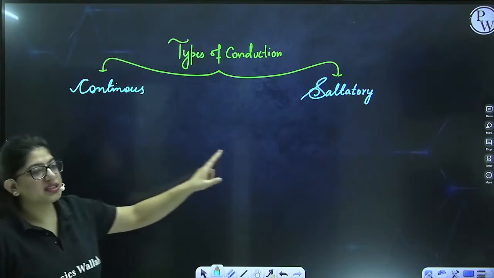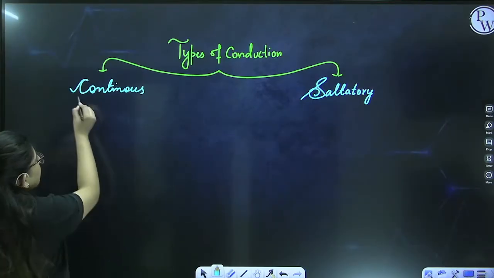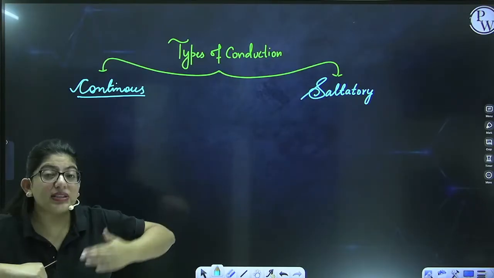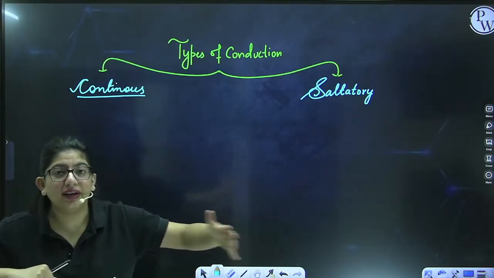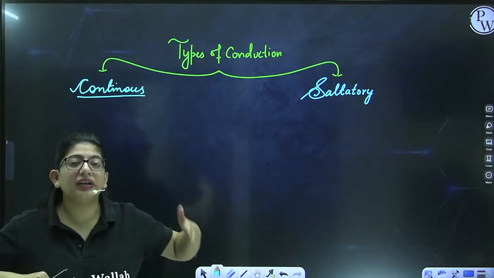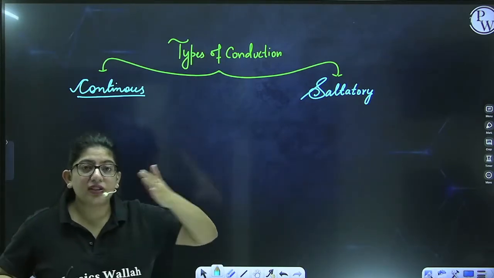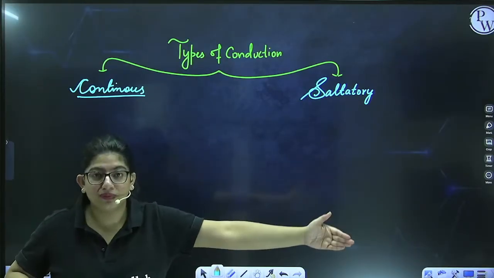One is continuous, another is saltatory. Continuous is the one that we have seen right now. It is just moving continuously because there are no barriers, right? There are no interruptions. That's why it is moving on continuously in a smooth manner.